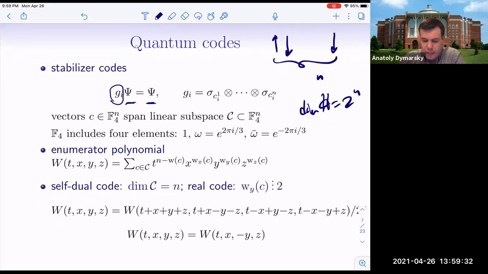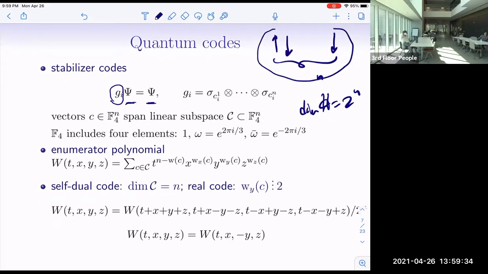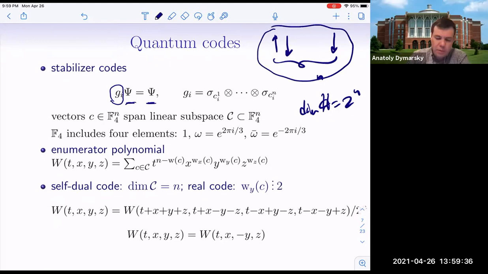So the idea was that you have n qubits, and a code subspace is a linear subspace in the Hilbert space of n qubits, and you have an abelian group, which is called the stabilizer because it leaves the subspace invariant. In this game of stabilizer codes, you choose the generators of the abelian group in the following form.